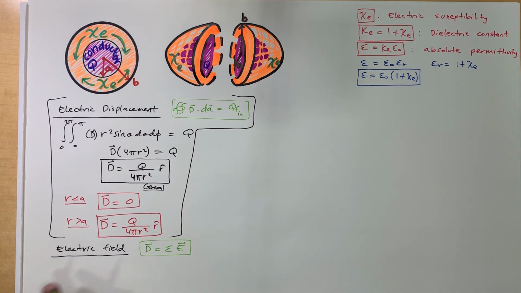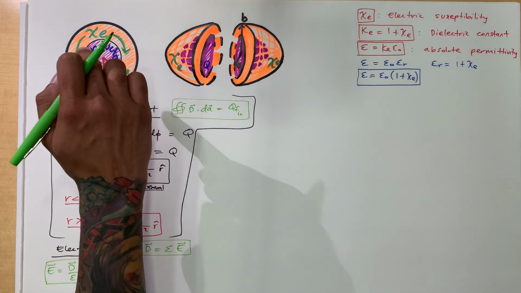Let's rearrange that. Okay, let's put it over here. So E equals D over epsilon, right? And this is the formula we're going to use.